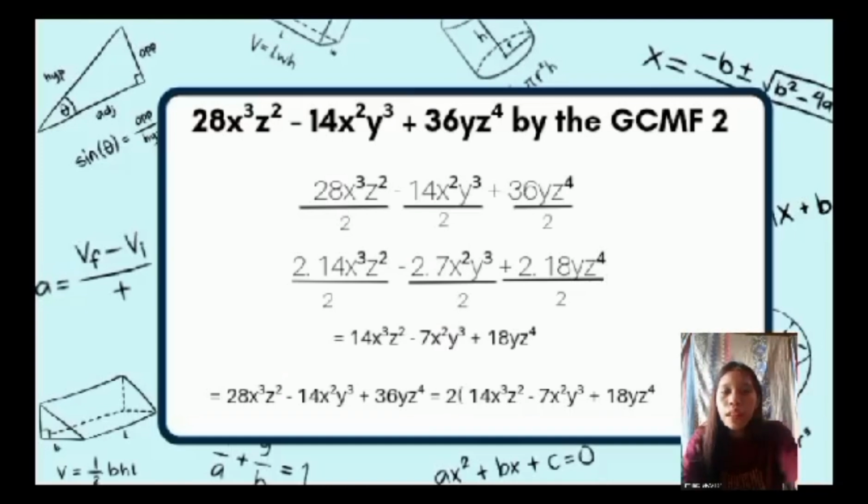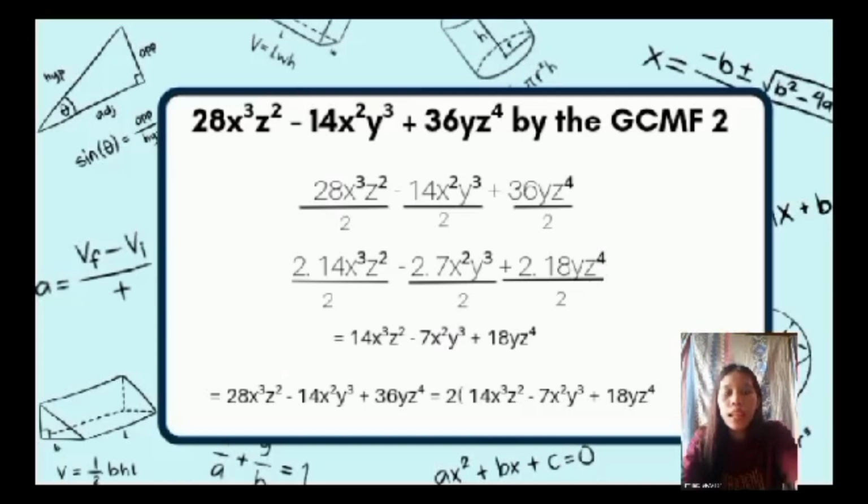In the 28, 2 times 14 is 28, so the factor of 28 is 14. Then copy the x cubed z squared. Minus, the factor of 14 is 7, so 2 times 7, copy the x squared y cubed. Plus, the factor of 36 is 18, so 2 times 18, copy the y, copy the z to the power of 4.